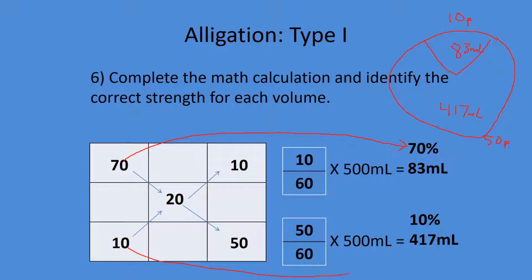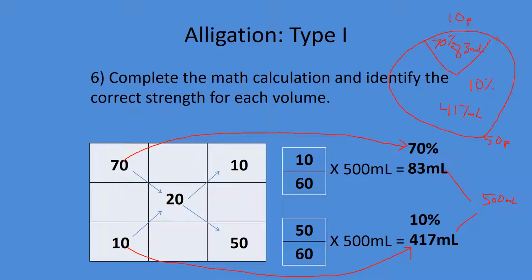And the 10% volume will be 417 mLs. So I need to add 10% here, 417 mLs, and 83 mLs of 70%. So that's our proportion. And then if you add these two volumes together, they should end up equaling the final volume.